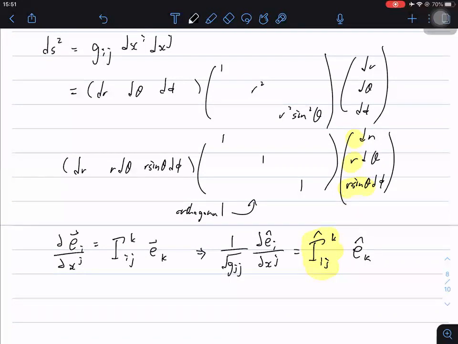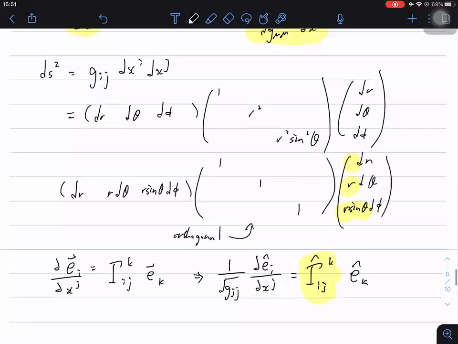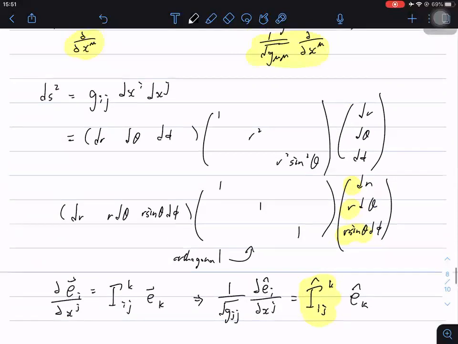But again, let me emphasize, all the mathematics we do in this course, you can treat it all in natural basis. We will not do anything in orthogonal basis unless we specify, but I believe we won't have any problem doing calculation in orthogonal basis.